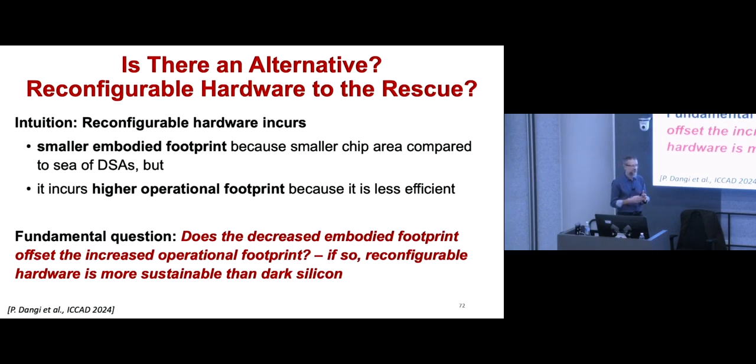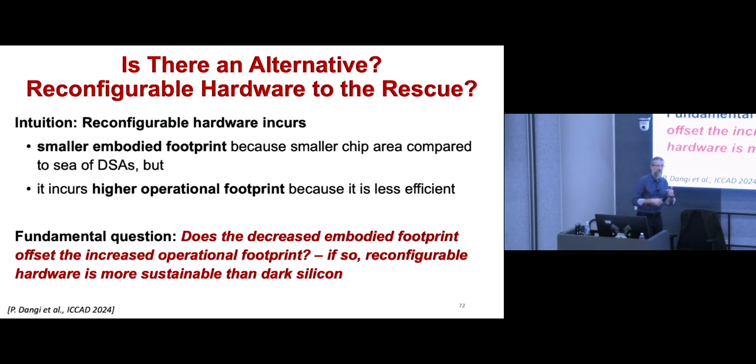And why would it be more sustainable? Well, the embodied footprint would be less. If you compare the chip area of a reconfigurable fabric to tens of accelerators, then this reconfigurable fabric might be smaller than the sea of DSAs. So that would be a win.